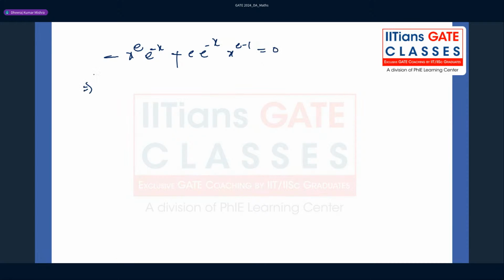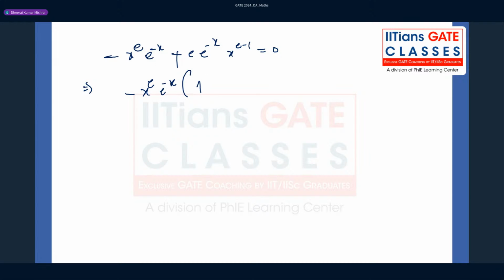Let me further manipulate this. You can take something common here. You can take common minus e x to the power e, and you can take e raised to power minus x common from here. This is very important.